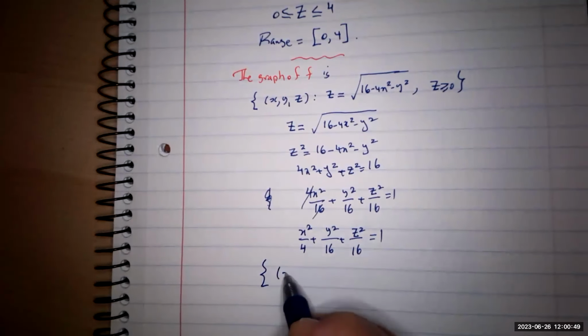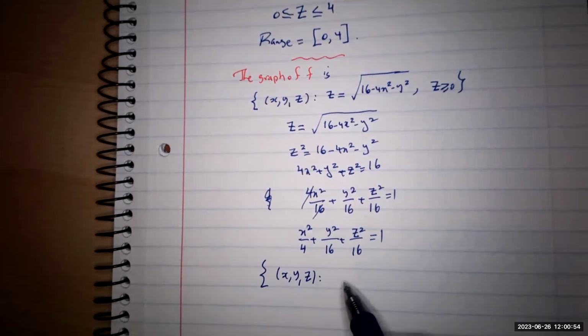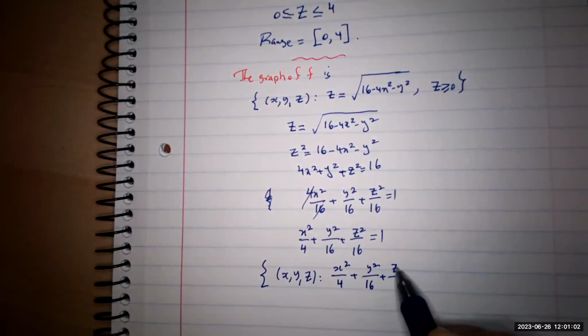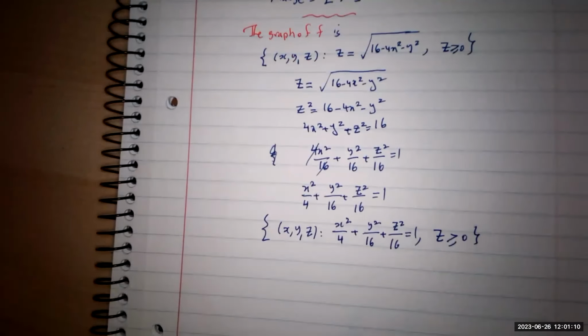So there you are: the points (x, y, z) such that x squared over 4 plus y squared over 16 plus z squared over 16 equals 1. But remember the condition, z greater than or equal to 0. So this is an ellipsoid, but since z is positive, it's the upper part of the ellipsoid.